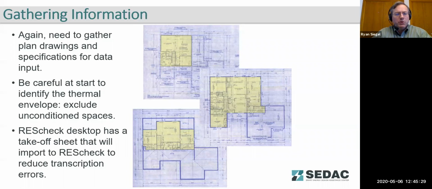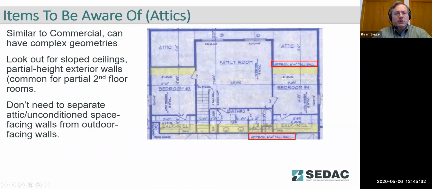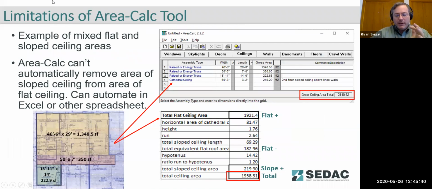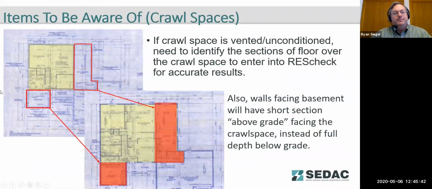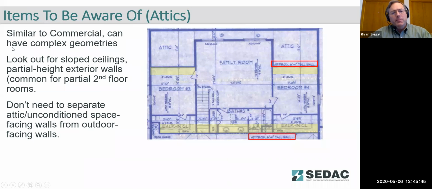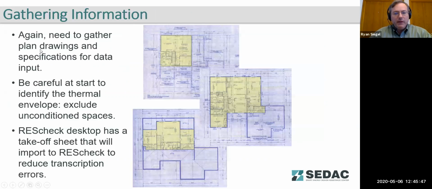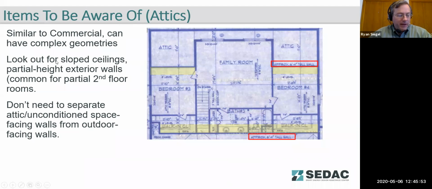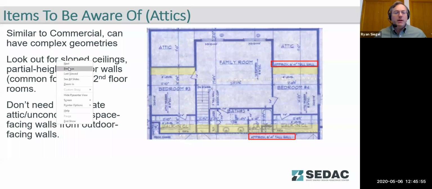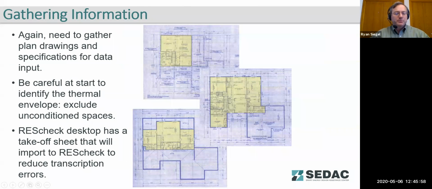In residential in particular, we see it very beneficial to first identify where our thermal boundary is as far as the envelope, because oftentimes we will see that there are several portions of a residential building that may not be in the thermal boundary, and could be storage spaces, it could be garages, could be attics, and the like.